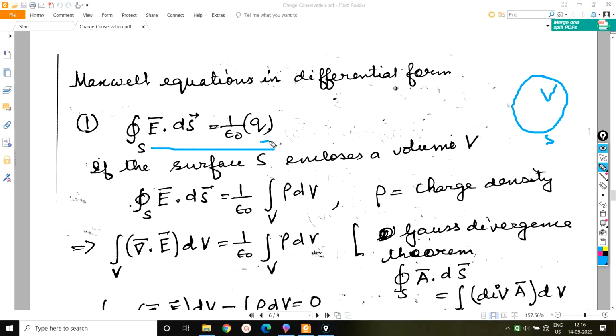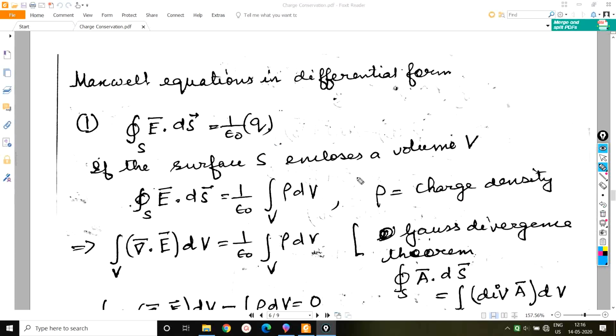This q is replaced by rho dv. We already discussed in the last lecture, during the equation of continuity, that q can be replaced by the volume integration of rho dv, where rho is your charge density.